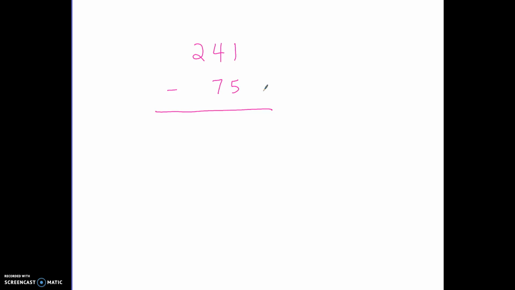If this is confusing to me just looking at the numbers, well, then I can draw out my base 10 cubes here. All right, so here's 241, 100, 200, 210, 220, 230, 240, 241, and 75. 10, 20, 30, 40, 50, 60, 70, 71, 72, 73, 74, 75.